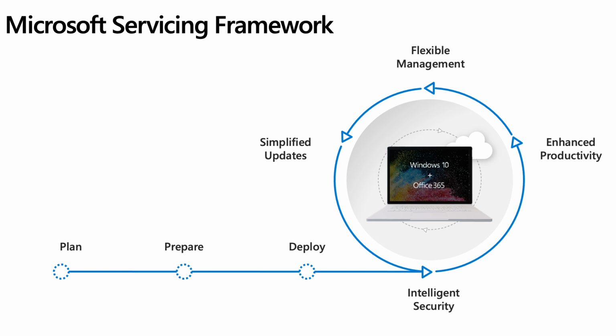And by going through that process, each time you do an update, you can really see the benefits that you get with Windows 10, whether that's through more advanced security, enhanced productivity, better management tooling, or simplified updates. And the more that process happens, the more benefits that you'll see as we go through. So we really want to talk in this presentation around that servicing framework and how to best plan for getting the most out of it in your organization.